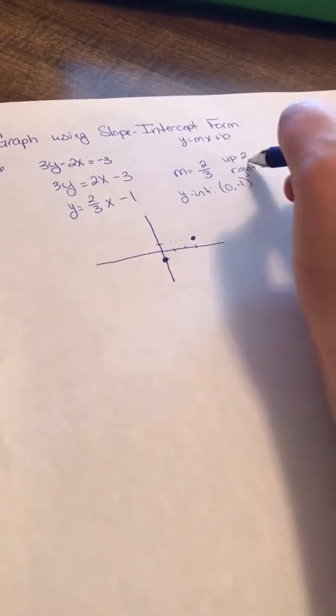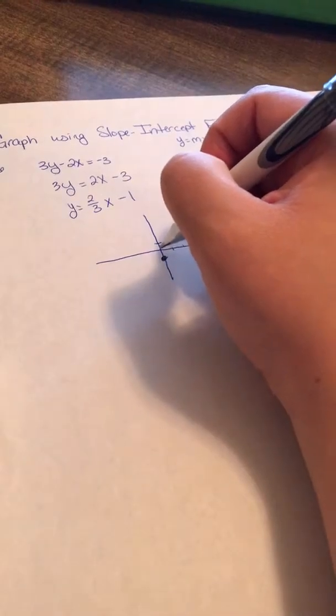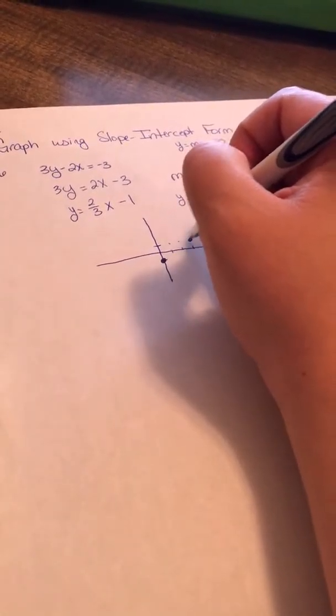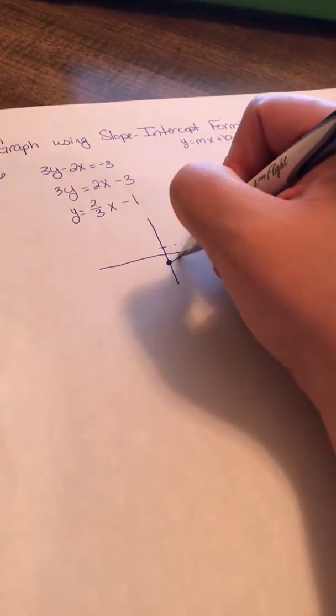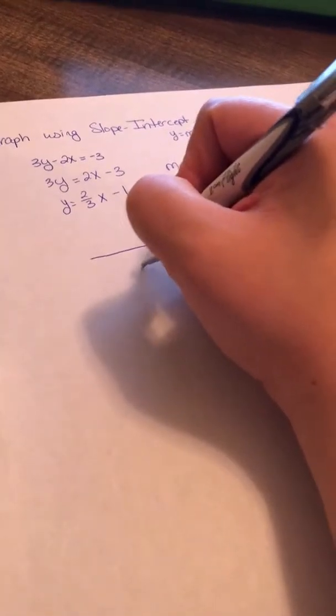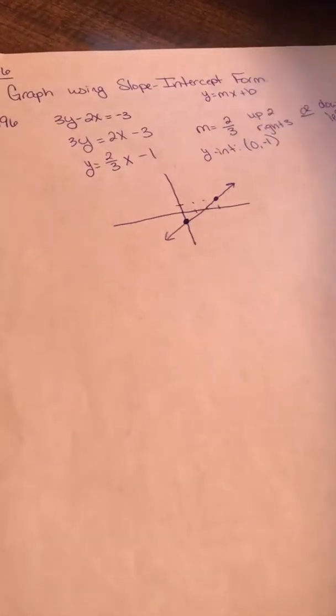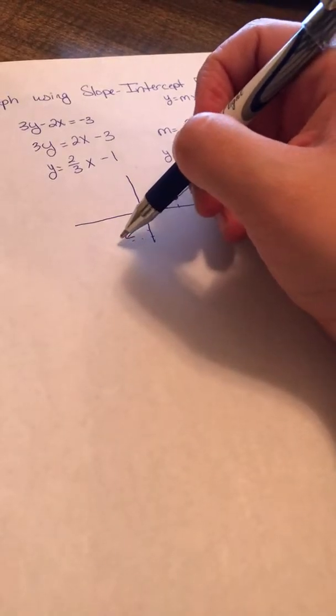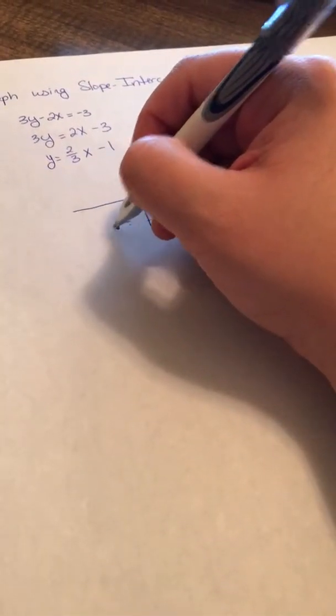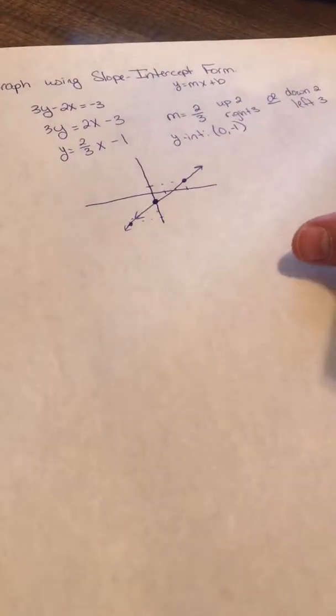So from here, count up 2, and then over to the right 3. And then draw your line as best you can. If you wanted to go down 2, I'd go down 1, 2, and then left 1, 2, 3, and my point would be about here on the line. So I could extend it out further if I wanted.